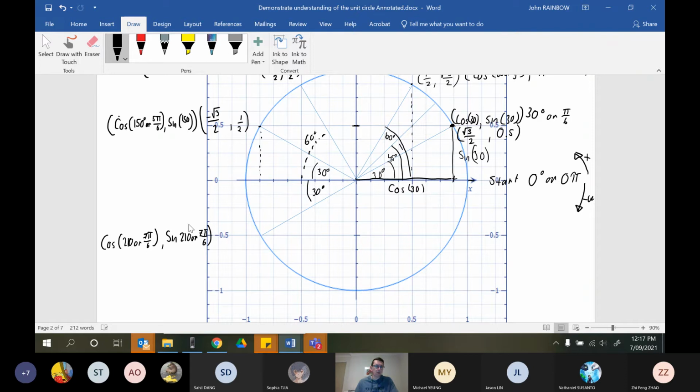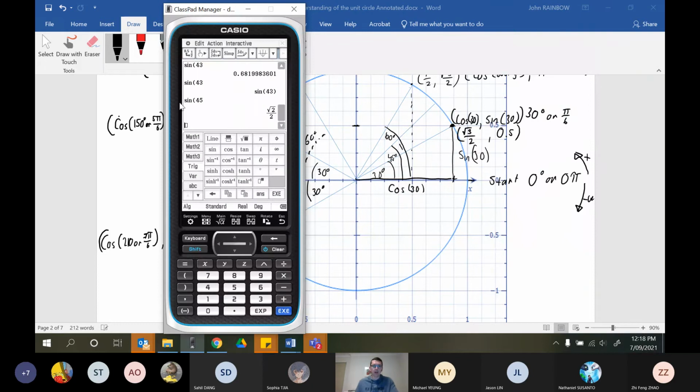But let's think about what this is actually going to be as a coordinate. Now, don't forget, cos is your x coordinate. Well, again, if you think about what triangle this is going to be, a half here. And this is going to be root 3 on 2, but it's going to be negative because it's in a negative direction. So the coordinate is going to be negative root 3 on 2, comma, negative a half, because we've came down.